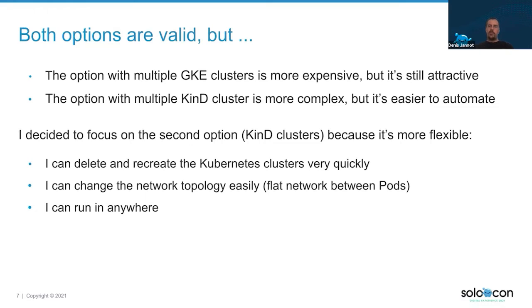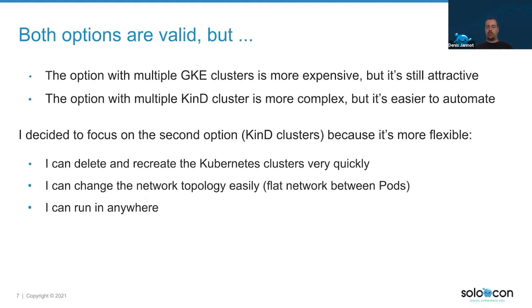It's really more complex at the beginning with kind clusters, but you get a lot of advantages. You can redeploy everything very quickly. You can try out different network topologies, like having communication between pods through gateways or directly. You can run that anywhere.